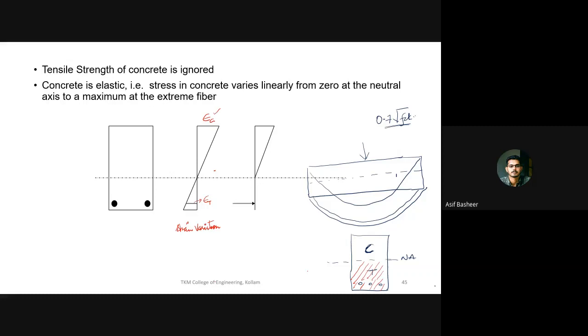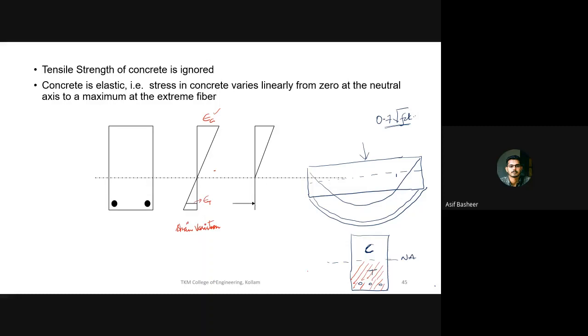So according to the assumption in WSM, you have a plane section before bending and after bending, so the linear variation of strain is seen there.